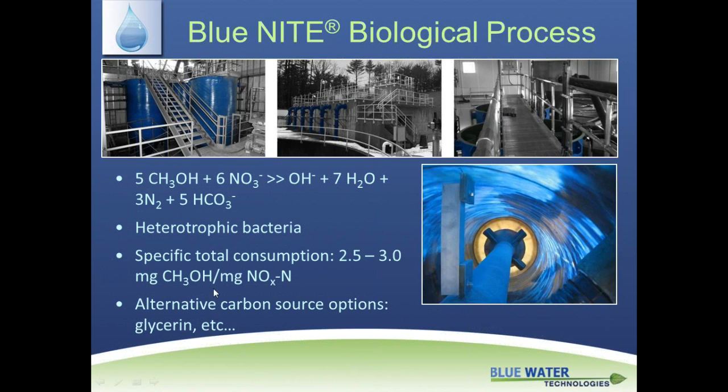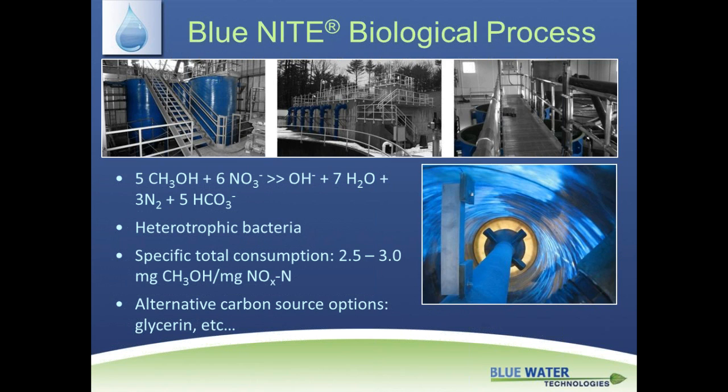It's a biological process where you have to feed a carbon source for cellular respiration, and then they get their oxygen requirements, their electron donor, from the nitrates. Alternative carbon source options are available like glycerin, but typically a lot of the industry uses methanol for its high efficiency.